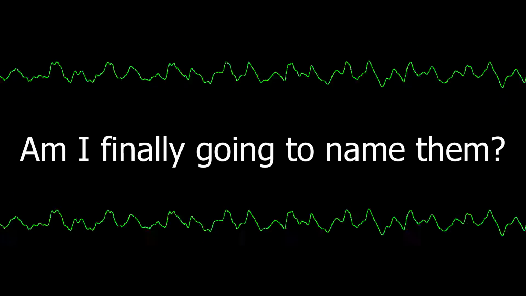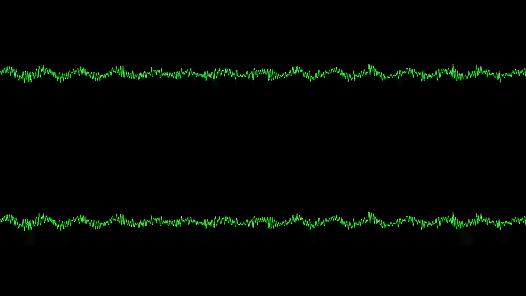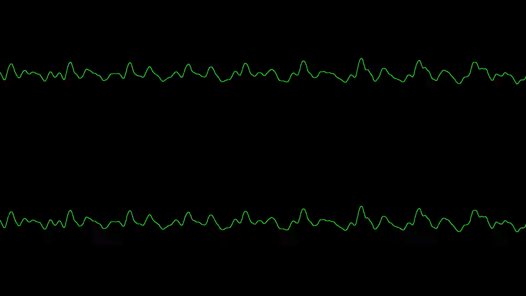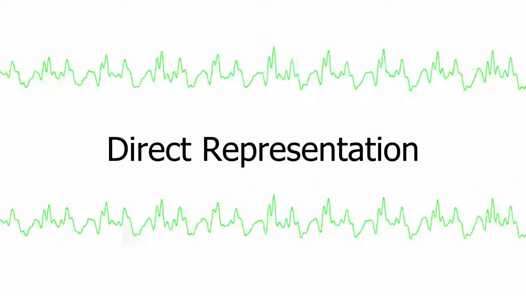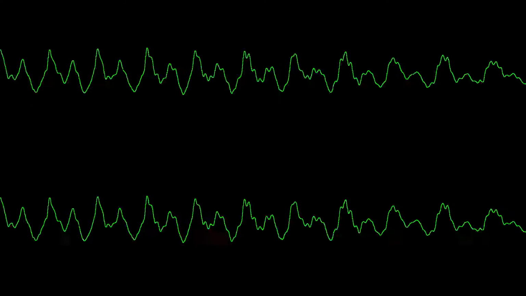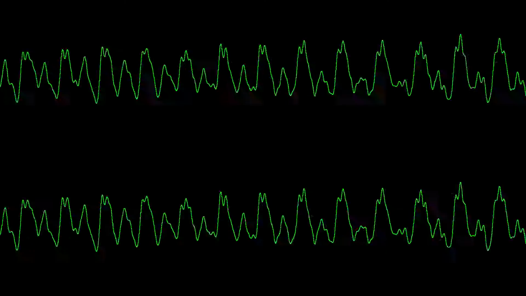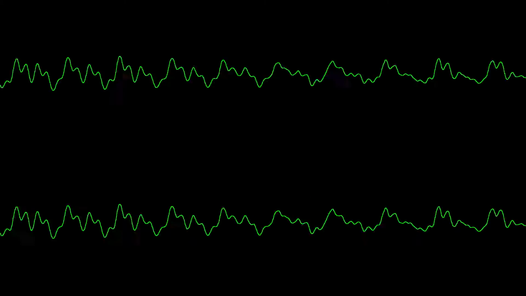Now, like I said, there were three different systems that I wanted to look at today, and the first one is something called direct representation. Direct representation is a fairly simple modification to our current system, which is to say that when we are voting for any type of office, you still make a single mark ballot and vote for one single person.